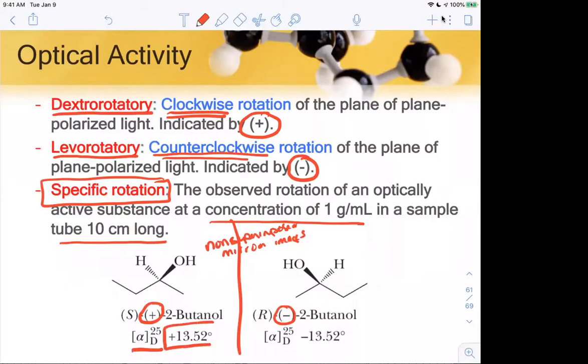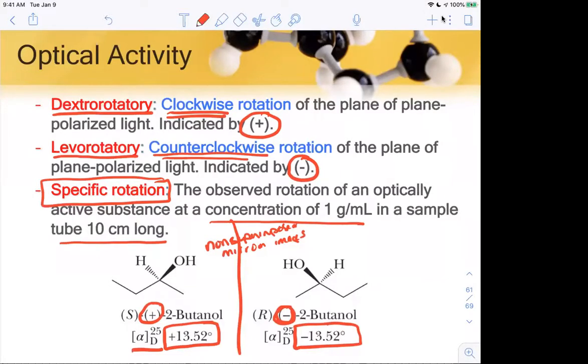My plus compound is rotating that light in the clockwise direction by 13.52 degrees. My levorotatory compound is rotating that plane of light in the counterclockwise direction.